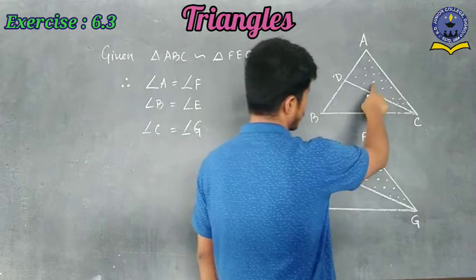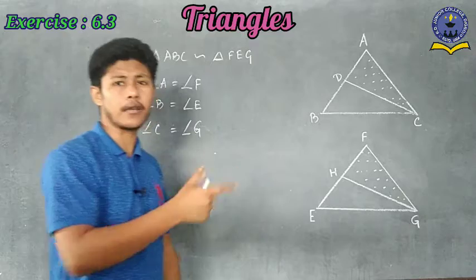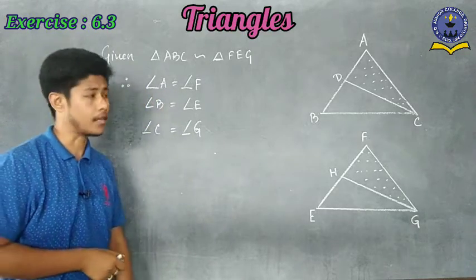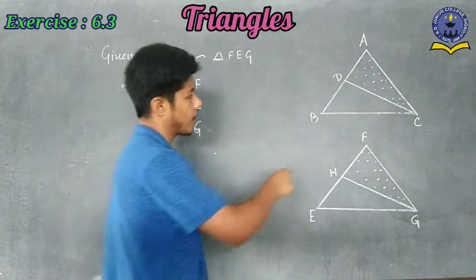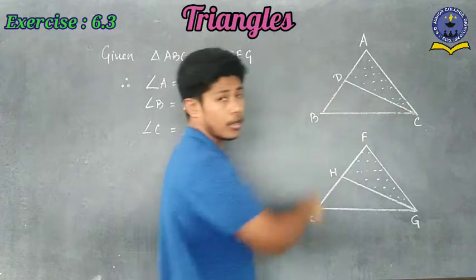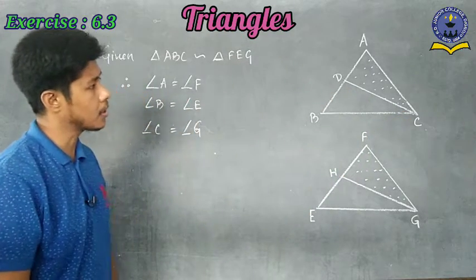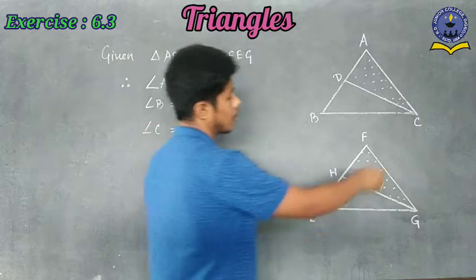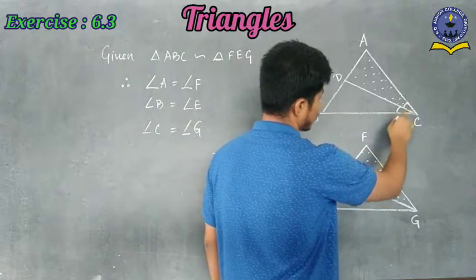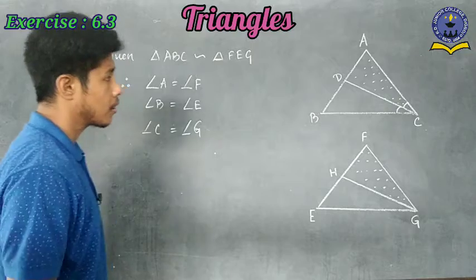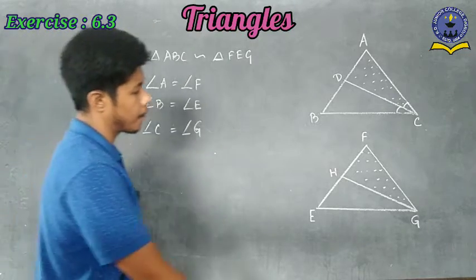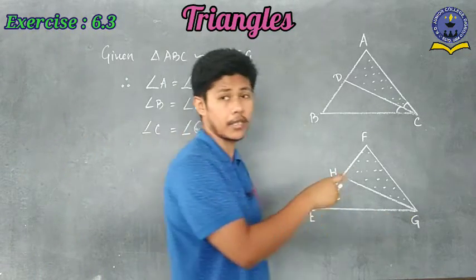Now what we need to prove? First of all, our task is to prove these two triangles are similar, then we get the ratio of their corresponding sides. Now one more thing is given: you see CD is the bisector. If CD is the bisector, then these two angles are equal, isn't it? Again, GH is the bisector.